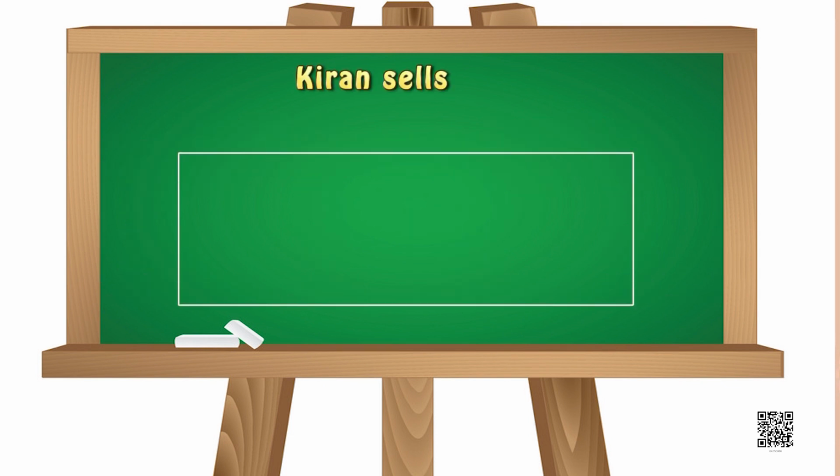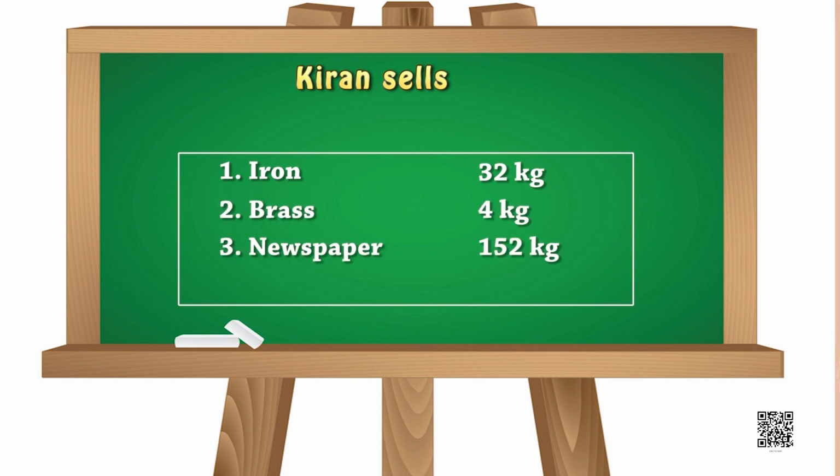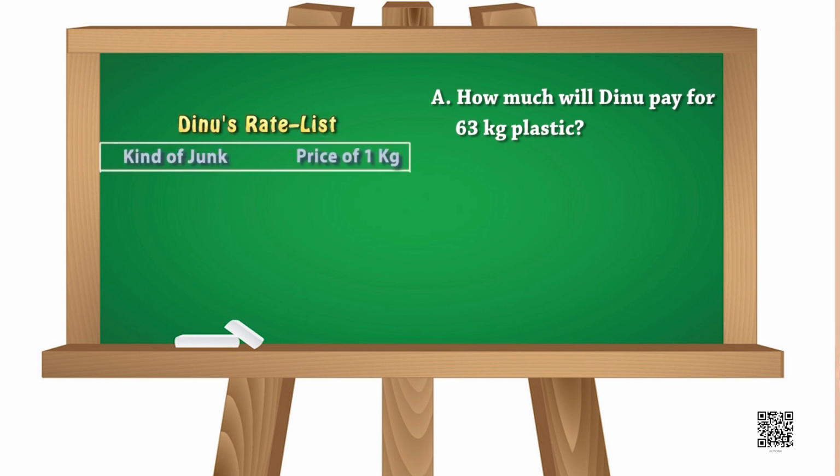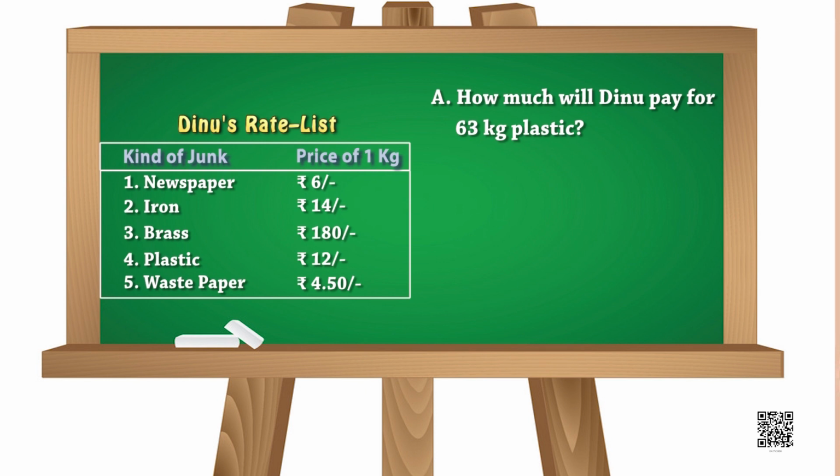For instance, she has 32 kg iron, 4 kg brass, 152 kg newspaper, 63 kg plastics and she sells all of them at Dinu's shop. Now, how much will Dinu pay for 63 kg plastic? Observe the rate of Dinu's plastic per kg, it is rupees 12.